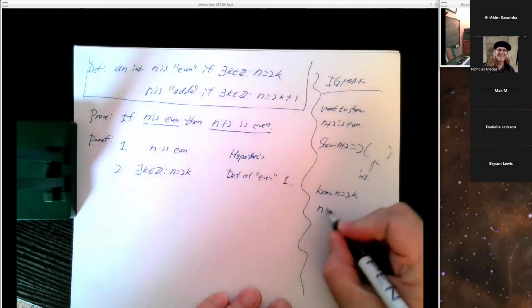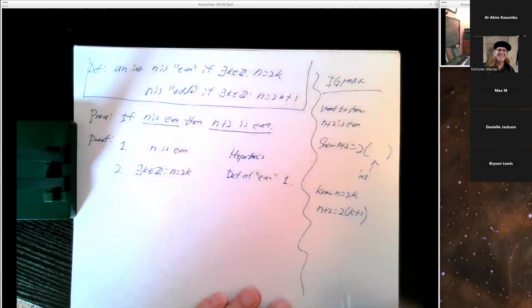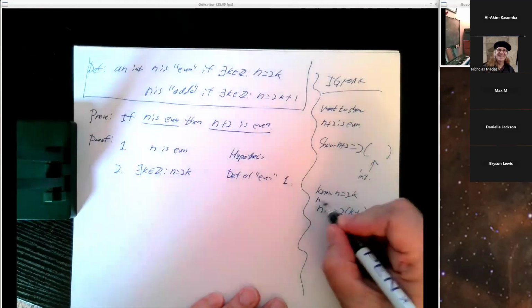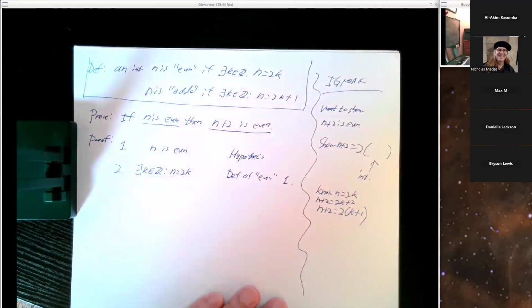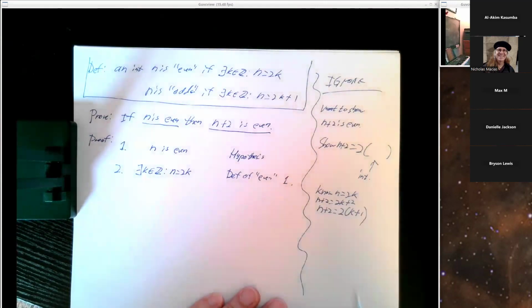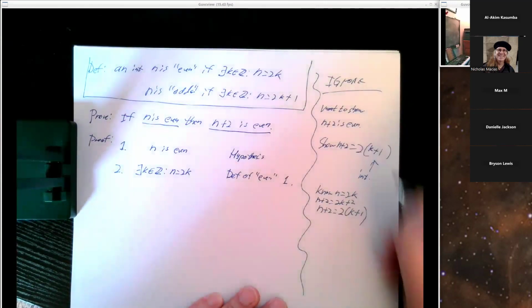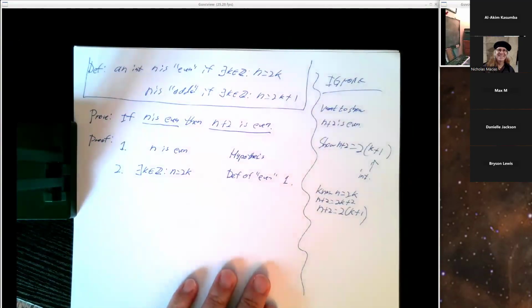N plus 2 is equal to 2 times k plus 1. And if you didn't see that, I could just say, n plus 2 is equal to 2k plus 2. And then I could see, oh, I'm going to factor out a 2. So n plus 2 is equal to 2 times k plus 1. If I know that k plus 1 is an integer, I'm done.